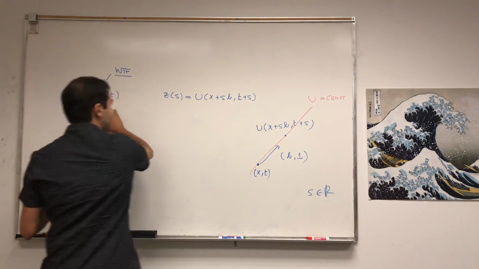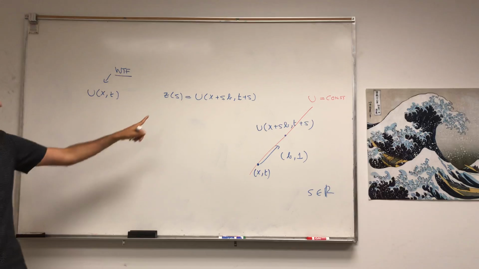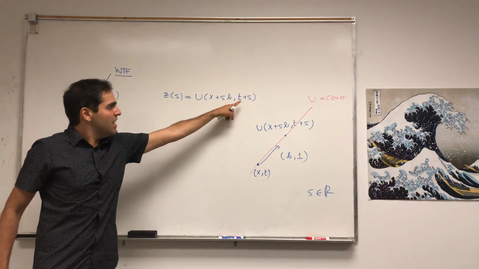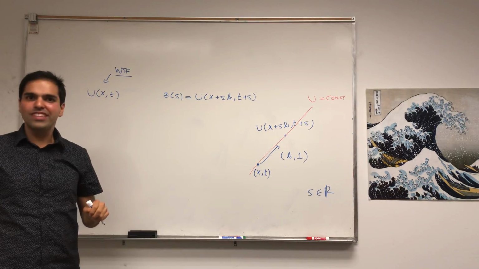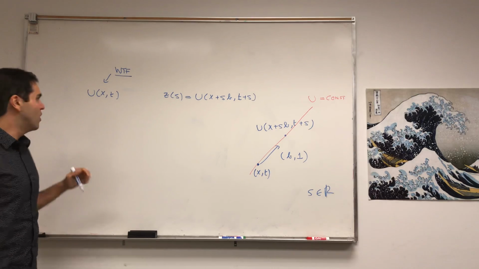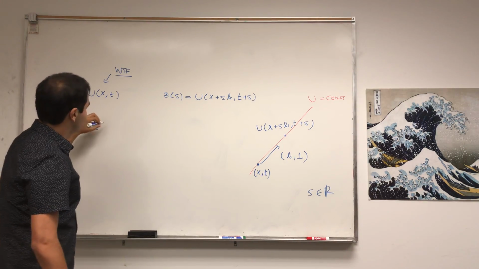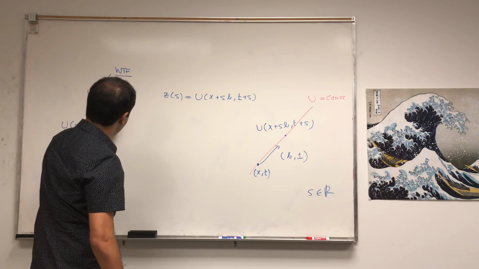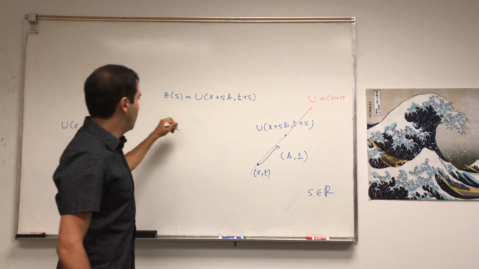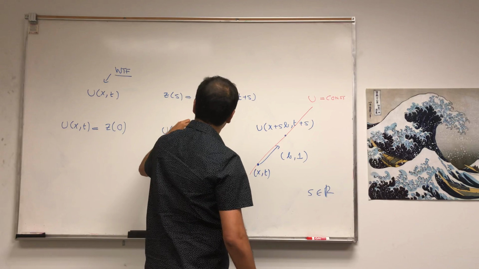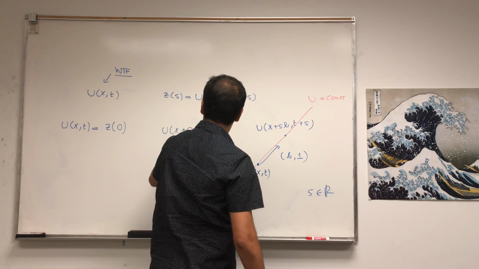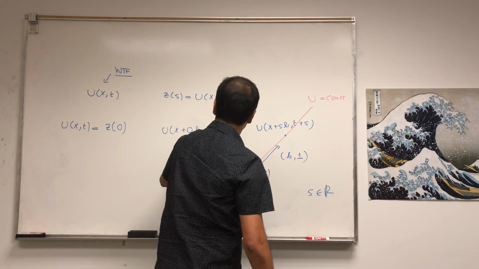And the question is, how are those two related? Notice that if you set s equal to 0, then you do get u of x,t. So u of x,t, that is z of 0, right? Because it's u of x plus 0b, t plus 0.